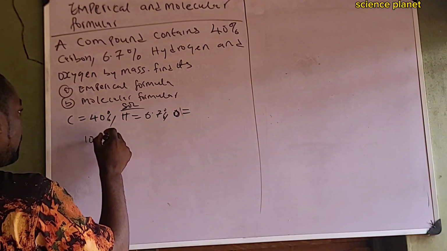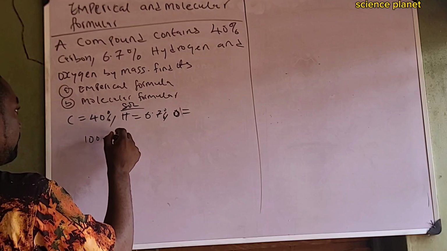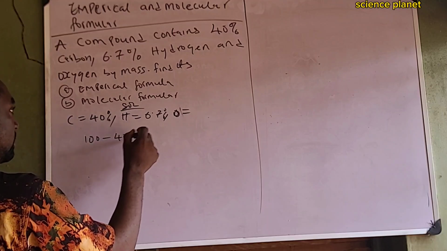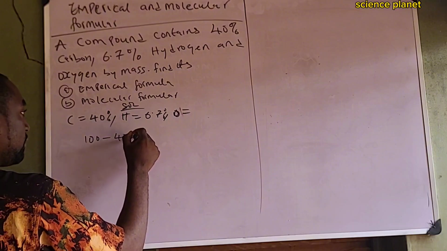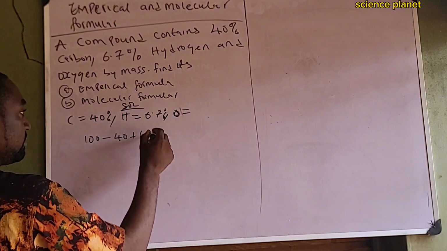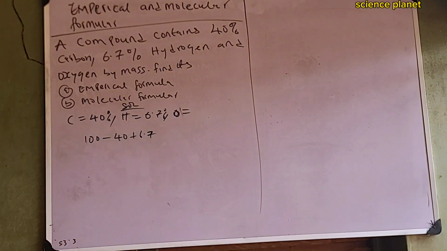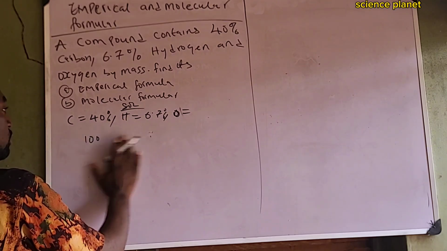So we go come say 100 minus 40, 60. You go add am with this hydrogen wey be 6.7. Or you go do am like this.